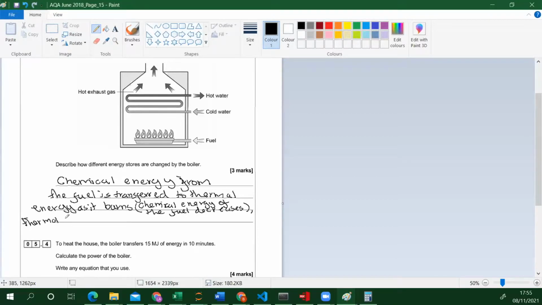It's been transferred. And for the third one, the thermal energy store of the air increases because it gets hot too.